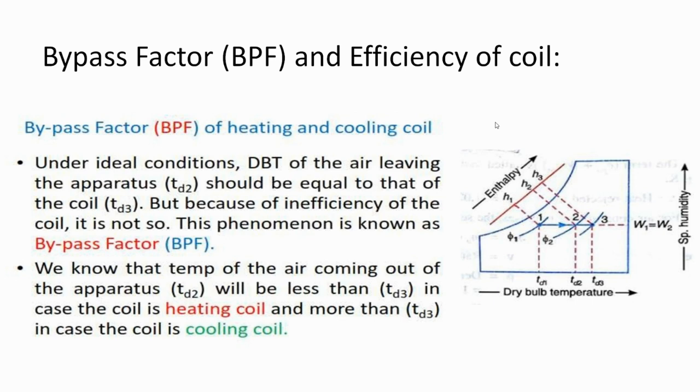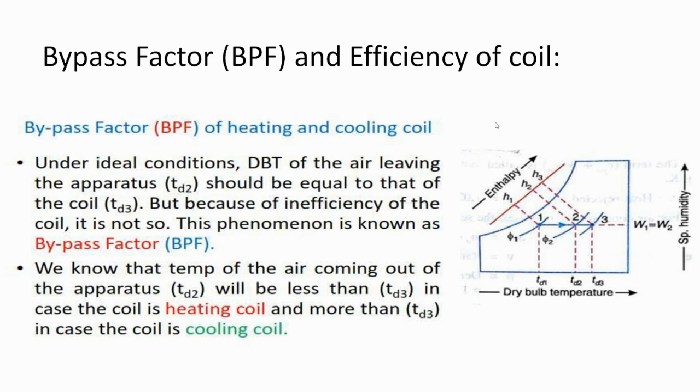So first of all, let us see what a bypass factor is. Under ideal conditions, the DBT of air leaving the apparatus, which is TD2, should be equal to the coil temperature, TD3. But because of the inefficiency of the coil, it is not so. This phenomenon is known as the bypass factor.